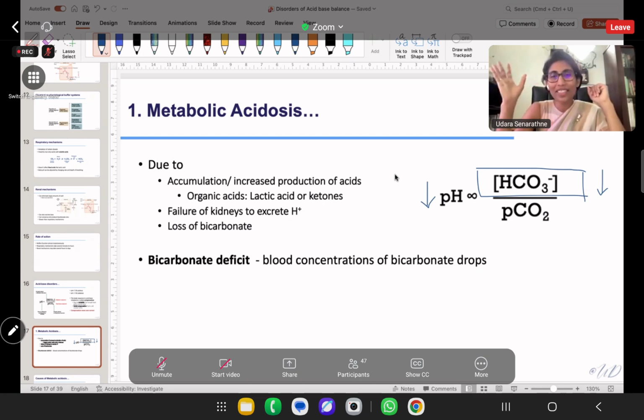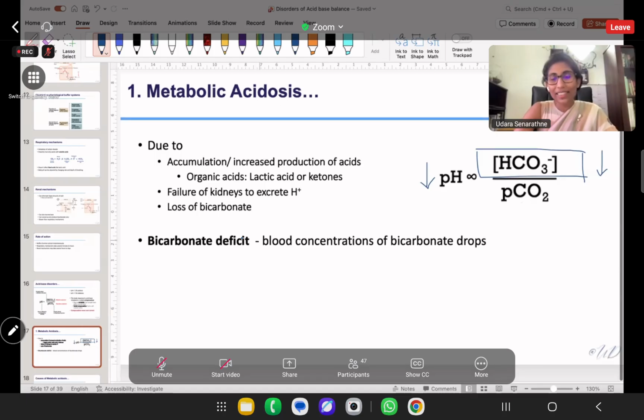Not impossible, but not usually. In the stomach, what do you have? You have acids. So you will expel acids in vomiting, but in diarrhea, you will lose bicarbonate. So vomiting will lead to metabolic alkalosis actually, because you're losing acids, okay?